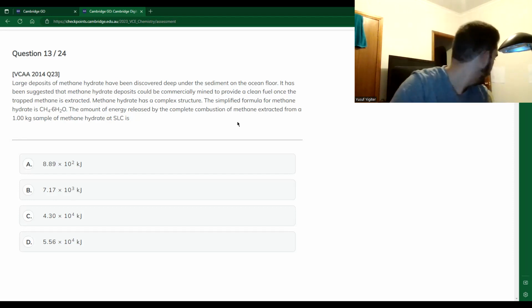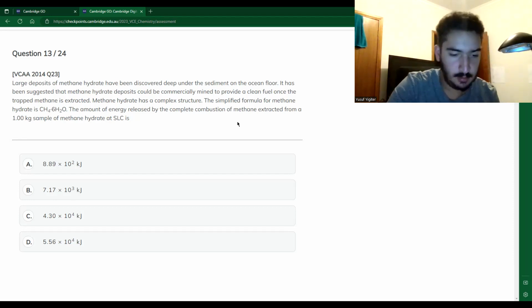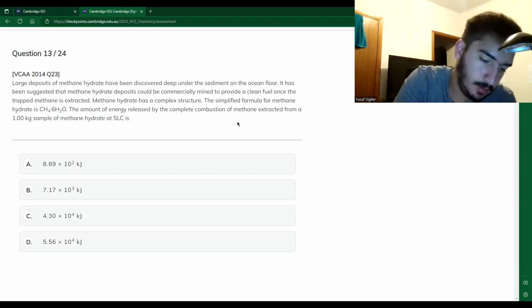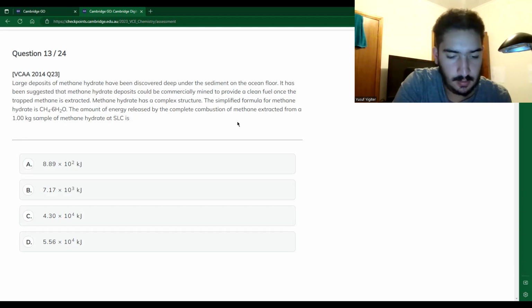Times by three, three carbons, one carbon, four carbons. It's four carbons there. So yeah, times by three. That means I have six. Three times two is six.